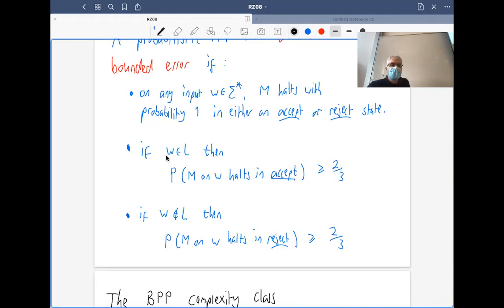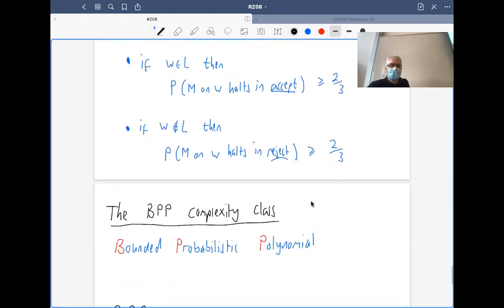So the point is, if you run it on a word in the language, then the probability of accepting is high. And if you run it on a word not in the language, then the probability of rejecting is high. Whatever kind of word you run it on, there's a high probability that the Turing machine will do the right thing.